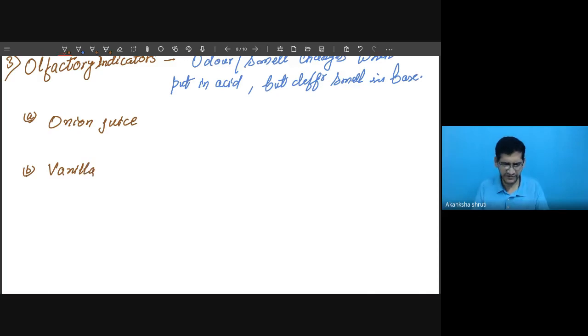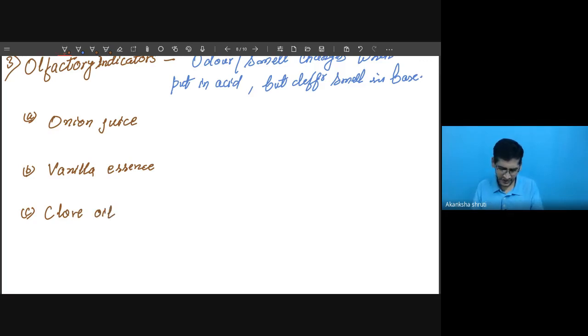Questions are very simple: which one of these acts as an olfactory indicator? It is so simple that you have to keep it in mind. So write vanilla essence, and the third one is clove oil. Clove means long.